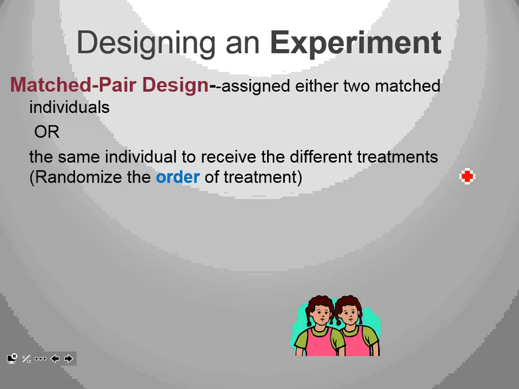Instead of trying to match up somebody with their physical equivalent, their mental equivalent, whatever it is, instead, just have one person be the control and the person receiving the treatment.